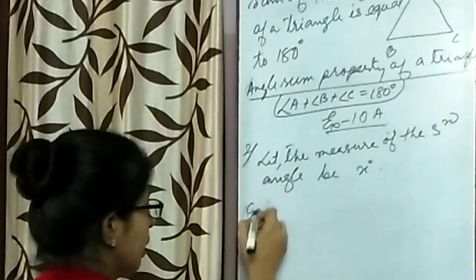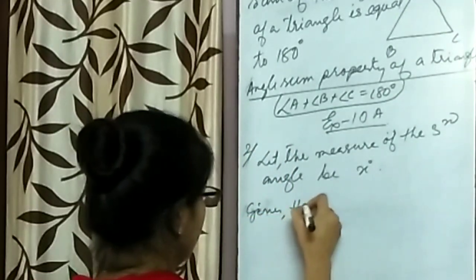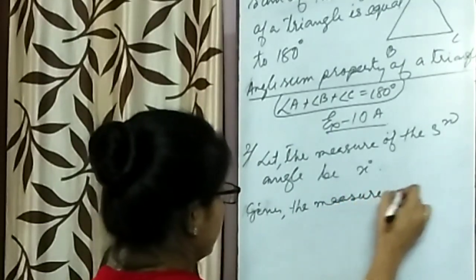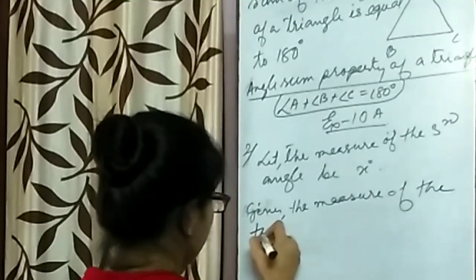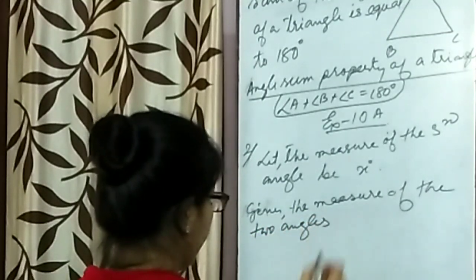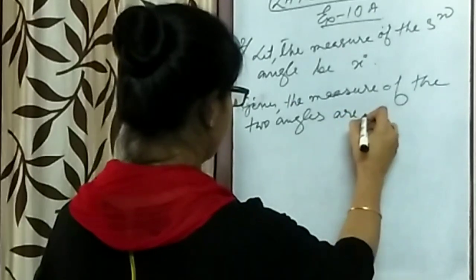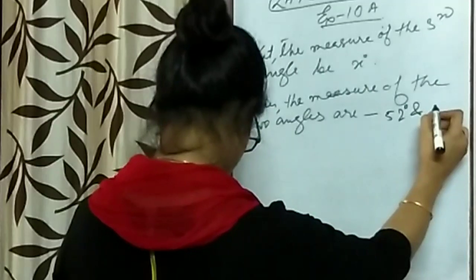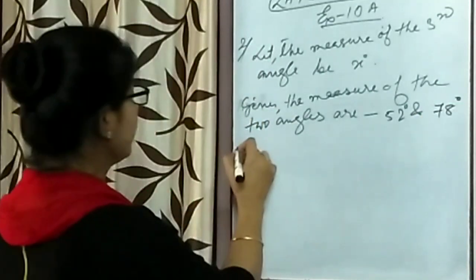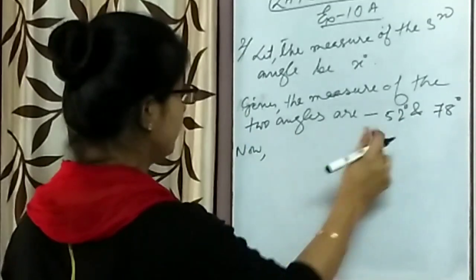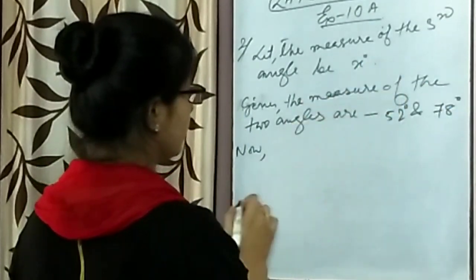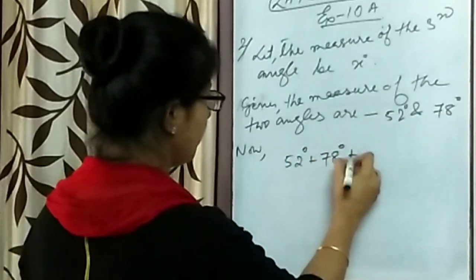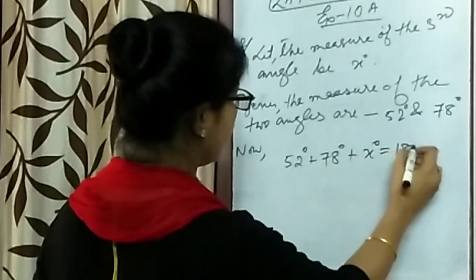Given part we could write earlier also. Given, the measures of the two angles are 52 and 78 degrees. Now what shall we do? This plus this will give you 52 degrees plus 78 degrees plus x degrees is equal to 180 degrees.